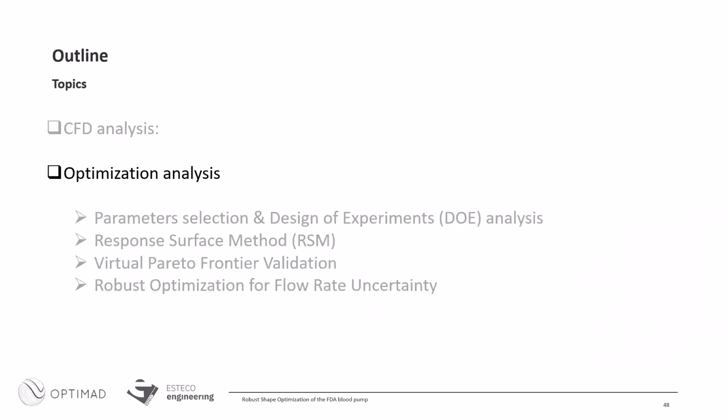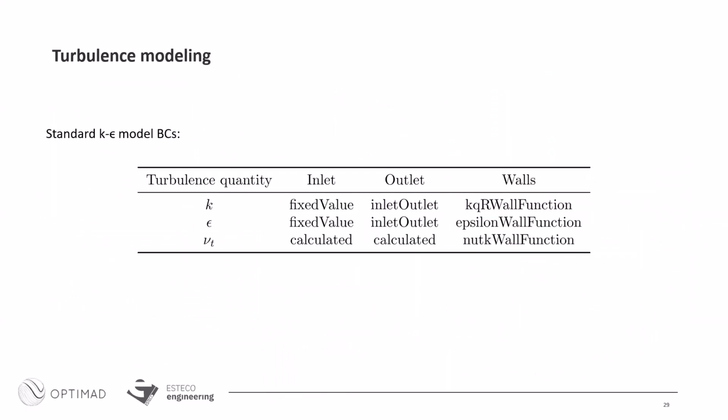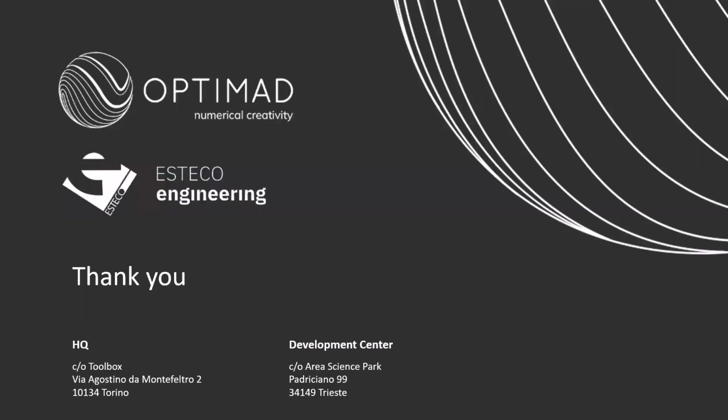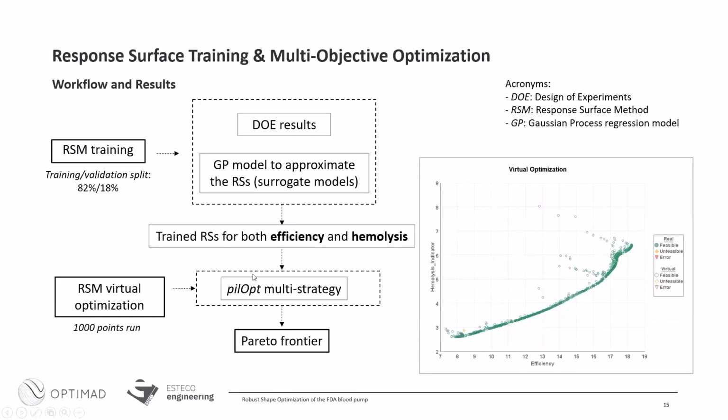And later we used this PyLOPT algorithm for the virtual optimization. This is a hybrid method, hybrid between gradient-based and global search methods, and it takes the advantages of the two. I cannot say more because it's kind of a black box, a commercial package.